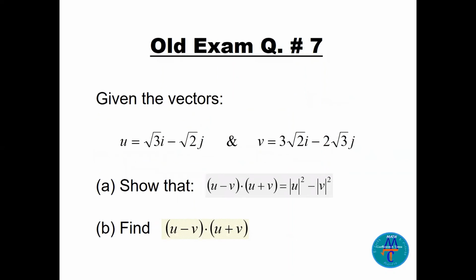Number 7, given the vectors u and v, show that u minus v dot u plus v is equal to magnitude of u squared minus magnitude of v squared. Then in part b, find the value of the left side, u minus v dot u plus v, which is equal to the quantity on the right side.